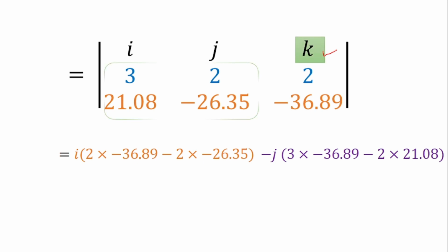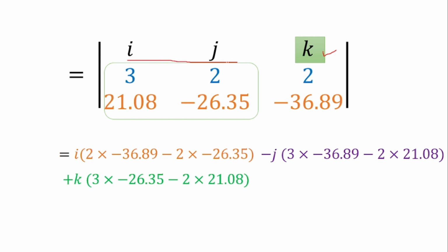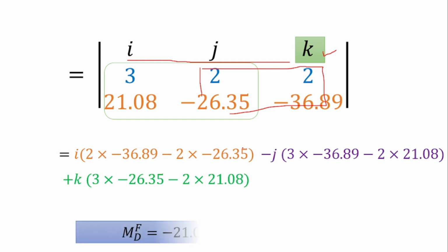So k into this 2 by 2 determinant. So it is 3 into minus 26.35 minus 2 into 21.08. In this way, we have to cross multiply. First consider the first row, then consider the respective 2 by 2 determinant and cross multiply it. You will get the answer.